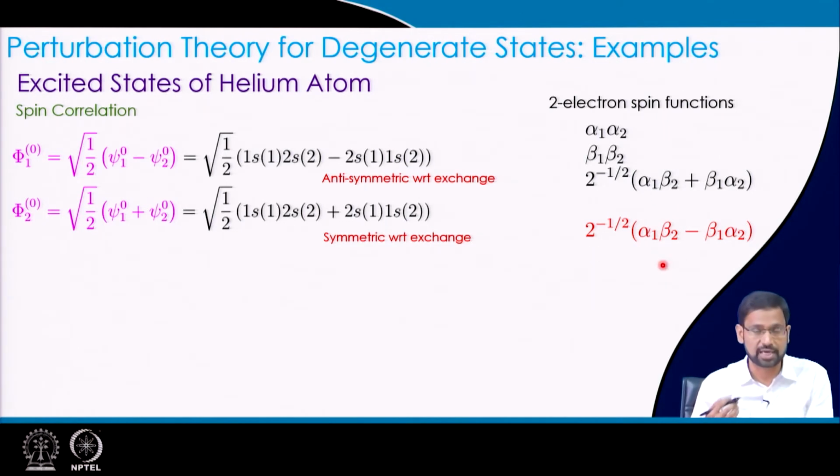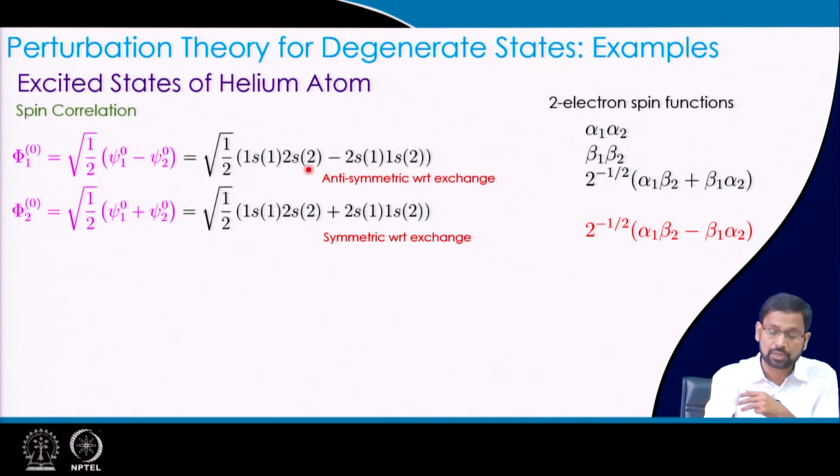We can establish that by evaluating the expectation value of the S operator for each of these functions. What you see is that the triplet set is symmetric with respect to electron exchange, while the singlet one is antisymmetric. Now we require that the overall wave function must be antisymmetric with respect to electron exchange.